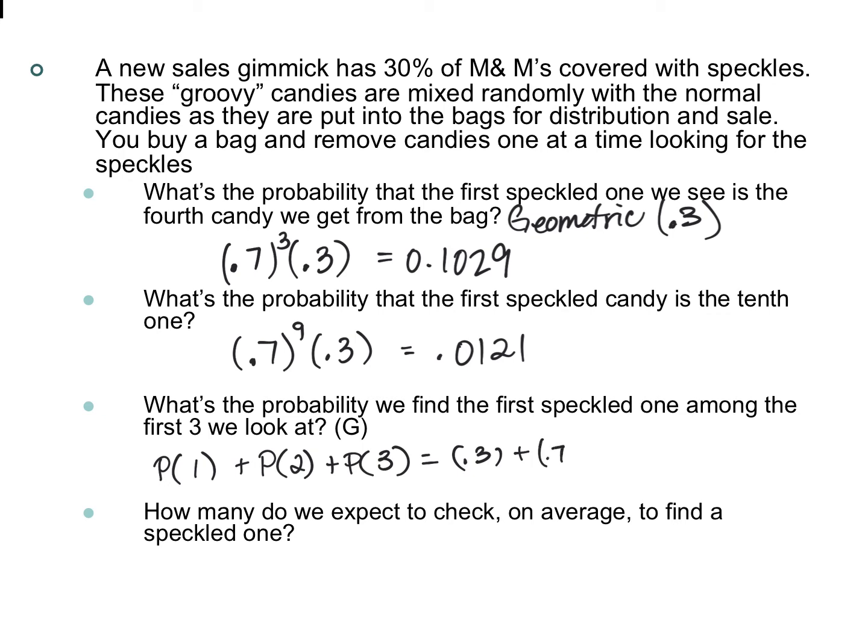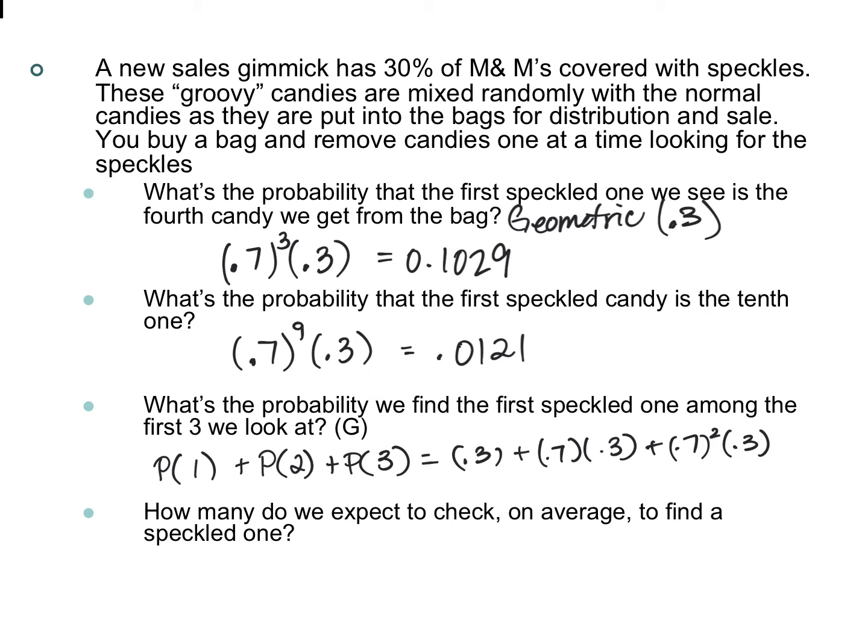The first one is not speckled, so 0.7, and the second one is speckled, times 0.3. Geometric is ordered. The order in which you find them matters. Okay? And then what's the probability that the third one I get is the first speckled? 0.7 times 0.7, or 0.7 squared times 0.3.